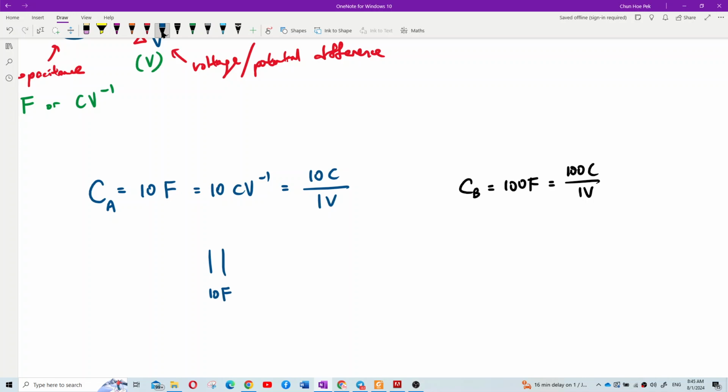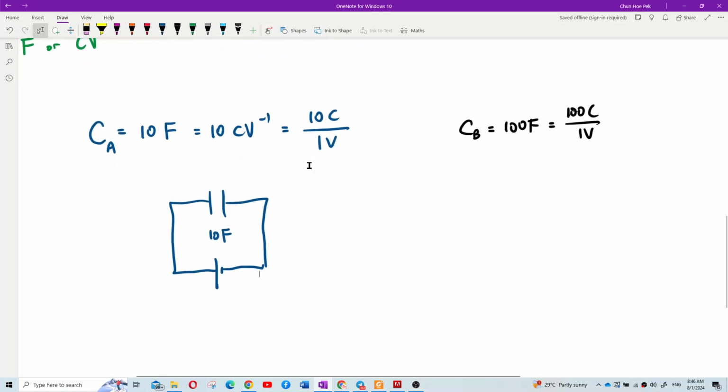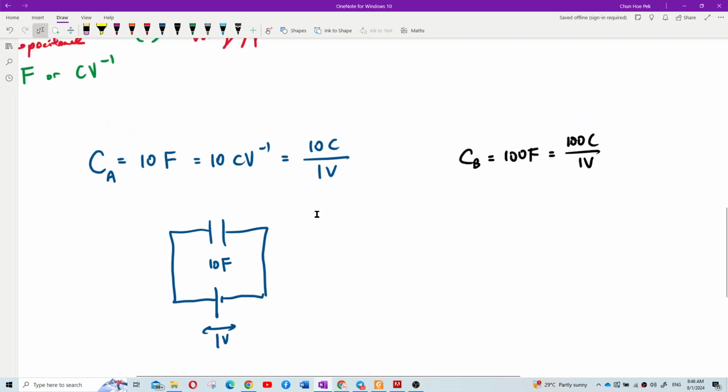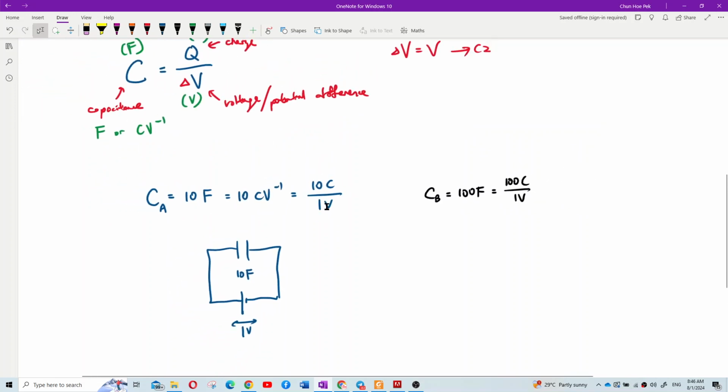One is 10 farad. If I connect it to a battery of 1 volt, I connect the capacitor to a battery of 1 volt. Delta V, potential difference delta V. Remember the formula.